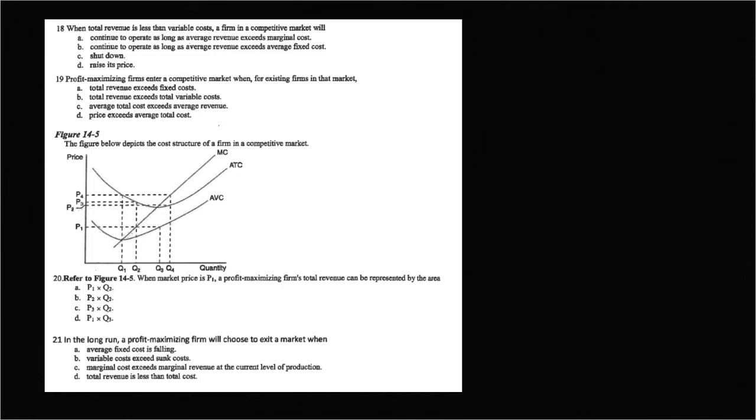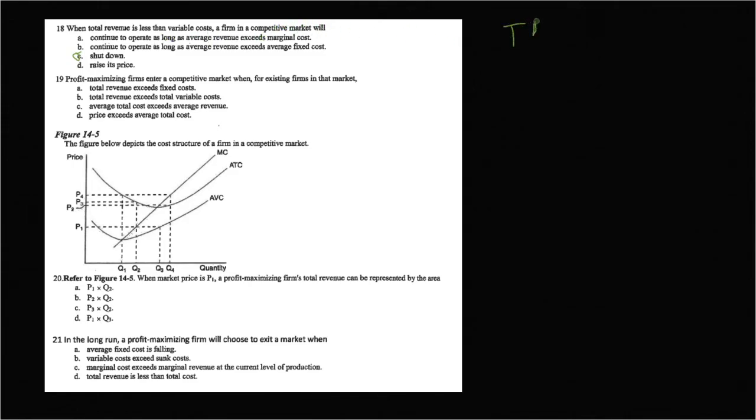All right. When total revenue is less than variable costs, a firm in a perfectly competitive market will shut down. So a firm will want to shut down when total revenue is less than variable costs.